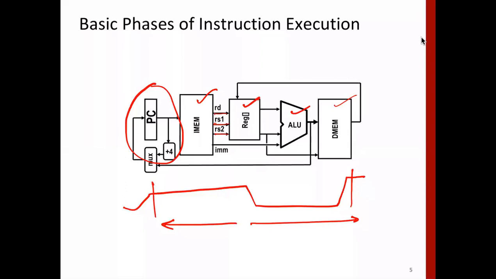Can anybody tell me why we need two memories in single cycle data path design?